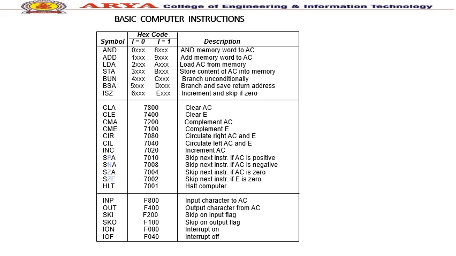The register reference instructions are CLA, CLE, CMA, CME, CIR, CIL, INC, SPA, SNA, SZA, SZE, HLT. HLT means halt computer. The input output instructions are INP, input character to computer, to accumulator; OUT, output character from AC, accumulator; SKI, SKO, ION, interrupt on; IOF, interrupt off.